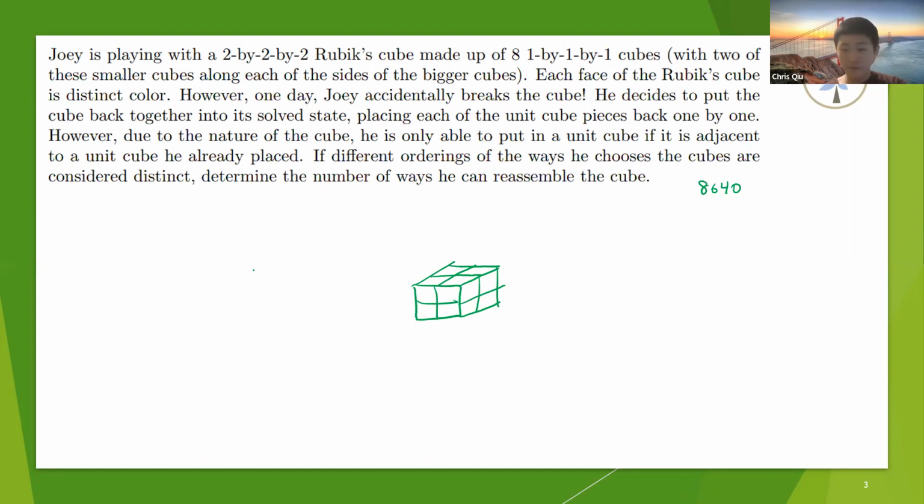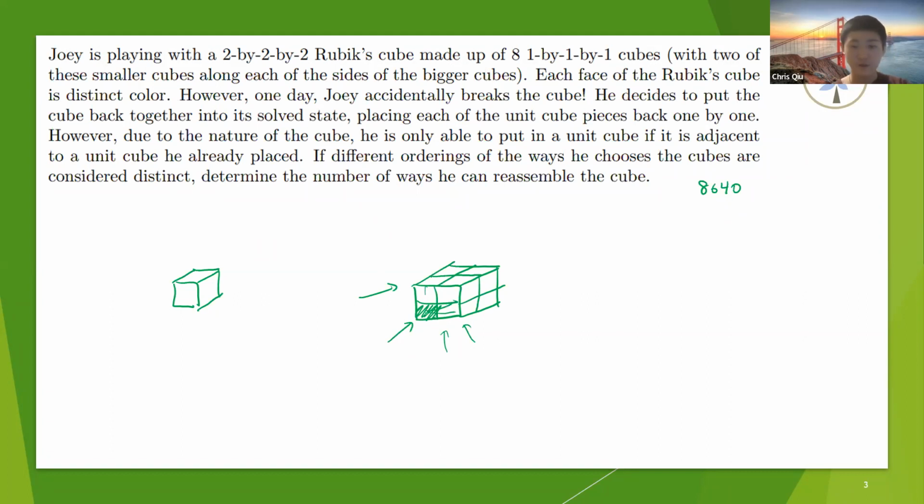So he's going to start with one of these 1x1 cubes, and he's going to start attaching the other cubes back on. Suppose he starts with this cube. Then there are 3 other cubes that he can reassemble next. Those are the 3 cubes adjacent to this cube: the one on top, the one to the right, and the one to the back.